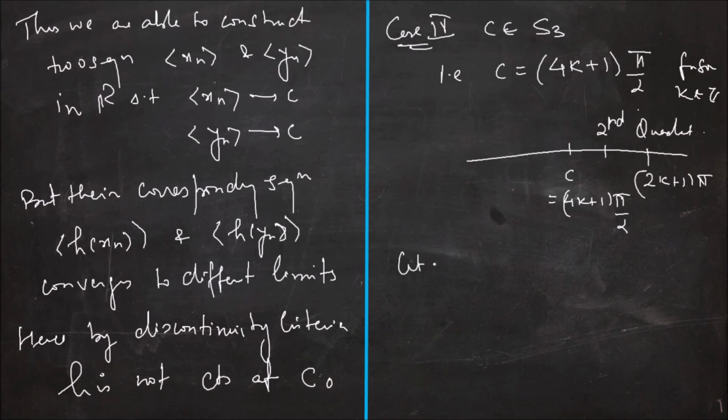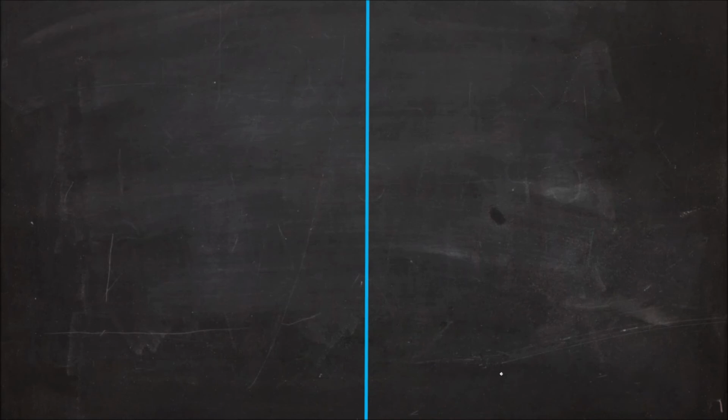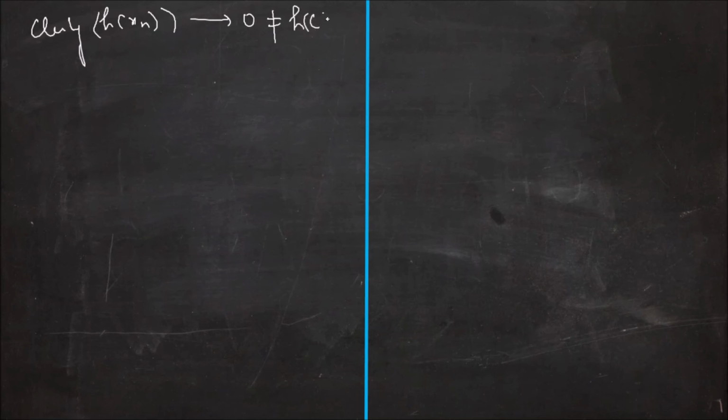So I will take a sequence, let xn equal c plus 1 by n, then xn belongs to this interval. So h of xn, which is equal to the greatest integer of sine of c plus 1 by n, is equal to 0 for all n belonging to N. So clearly h of xn converges to 0, which is not equal to h of c, because h of c is equal to the greatest integer of sin c, and sin c is 1, so this is equal to 1.